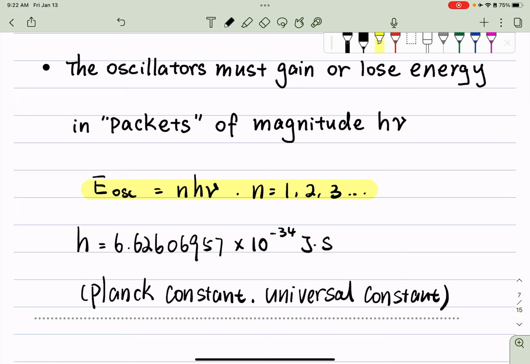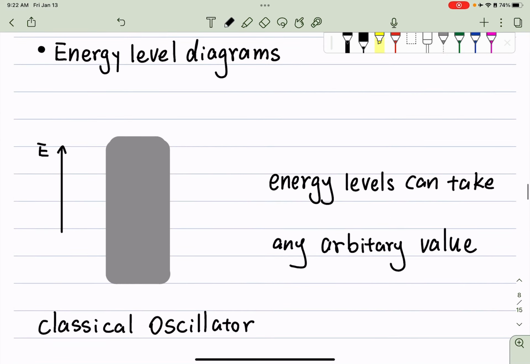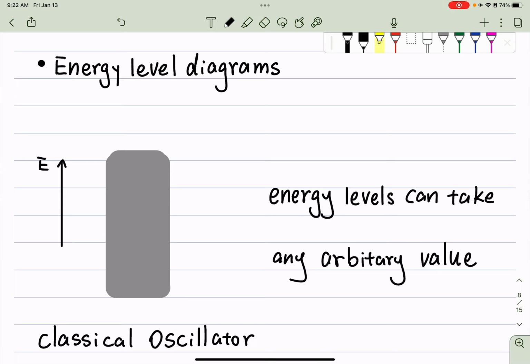So what does that mean? Now we have an equation, we have a hypothesis. What does that mean when we're looking at the energy diagram for Planck's quantum hypothesis? This is a reminder of what we did this Wednesday when we were talking about the classical oscillator.